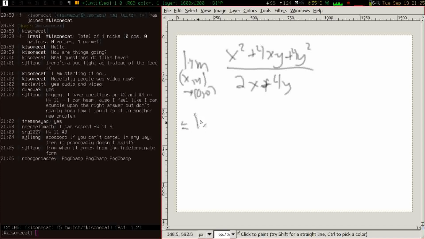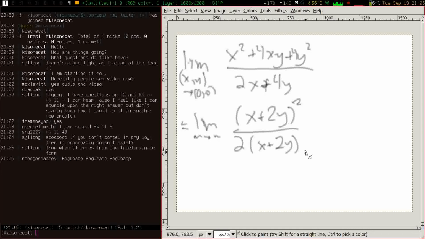So this is the same as the limit, (x, y) goes to (0, 0), and I'll factor this numerator. This numerator factors as (x plus 2y) squared. And the denominator I could write as 2 times (x plus 2y). Now here's the really exciting step. I'm going to write this as the limit of the same thing of (x plus 2y) divided by 2. So, so to speak, I'm canceling these things, right?